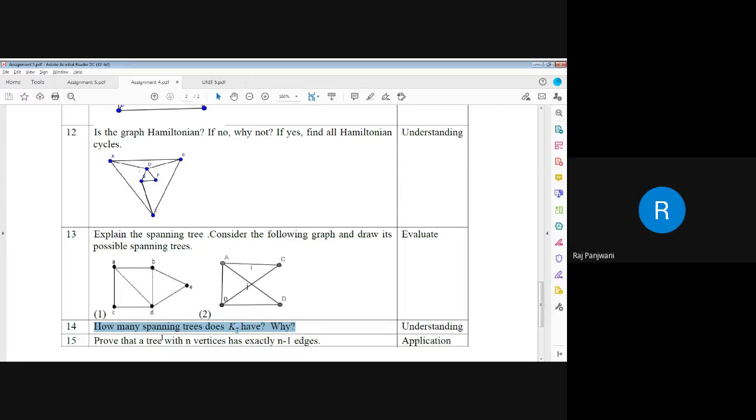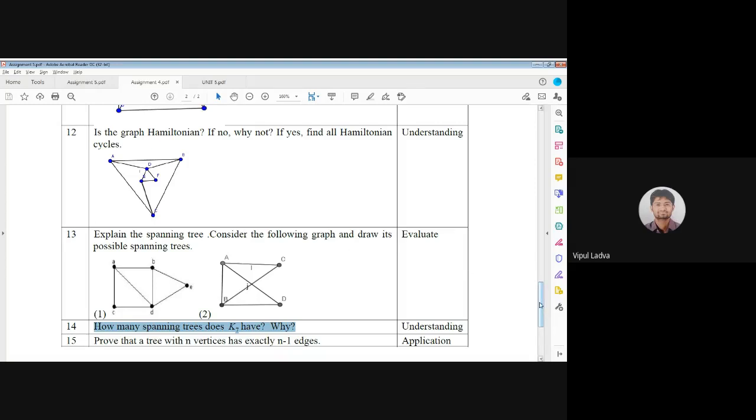Sir, the 11th one is not an Euler graph either, right? Let me check the 11th, wait. Eleventh, is it?